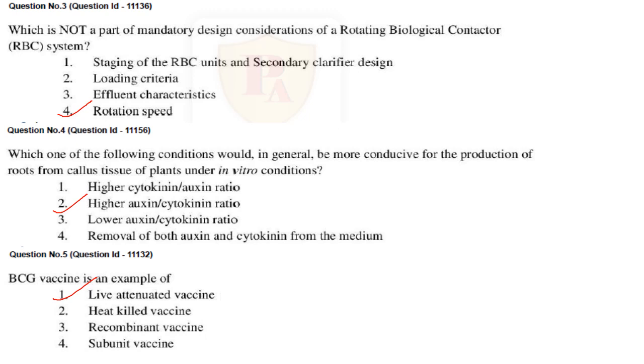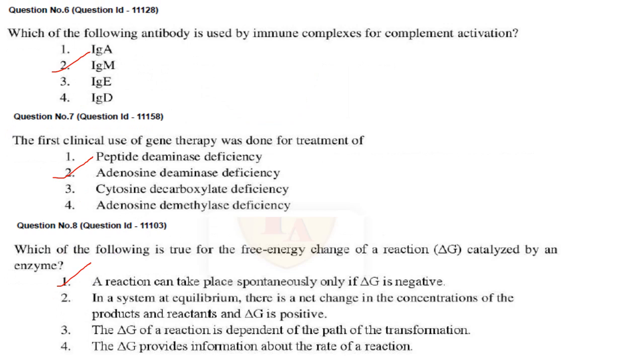So the answer is option 2. BCG vaccine is an example of live attenuated vaccine.